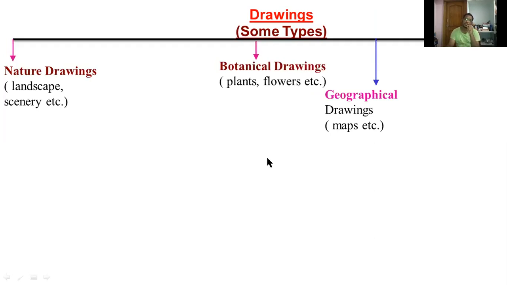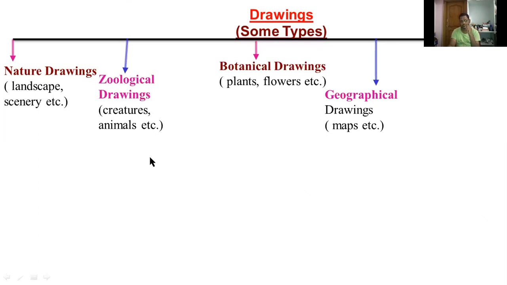If you want to draw sketches of plants and flowers, those come under botanical drawings. If you want to draw creatures, animals, those come under zoological drawings. If you want to draw human faces and human expressions, those come under portrait drawings.